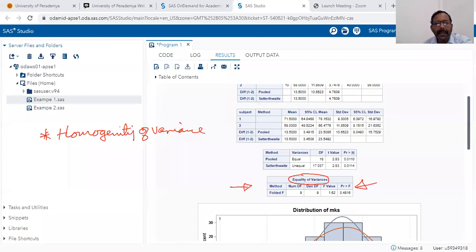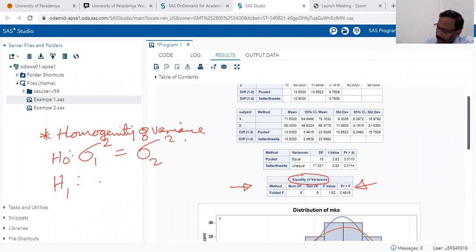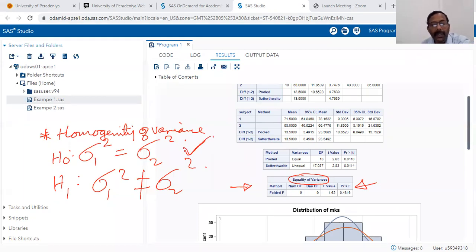Independent two-sample t-test. Have you seen homogeneity of variance? We said we can test sigma 1 square is equal to sigma 2 square. Alternative, sigma 1 square not equal to sigma 2 square. So this is another testing. Why? Because this pooled t-test is valid when you have homogeneity of variance. Only then is the pooled t-test valid.